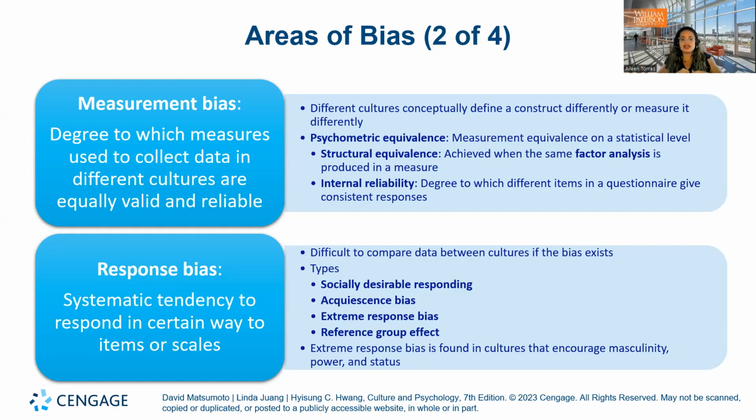So we have to be very careful to know that there are biases in the way people respond to questions. There's also the extreme response bias that's found in cultures that encourage masculinity, power, and status. So we have to be very, very careful to consider how these biases may impact the results of cross-cultural comparisons.